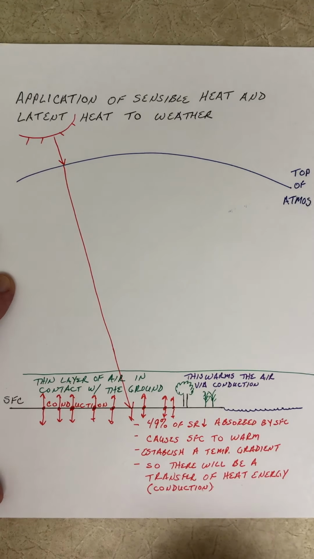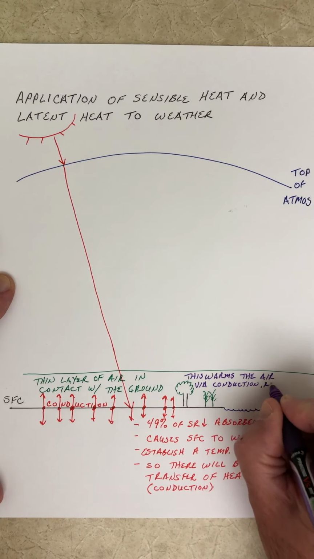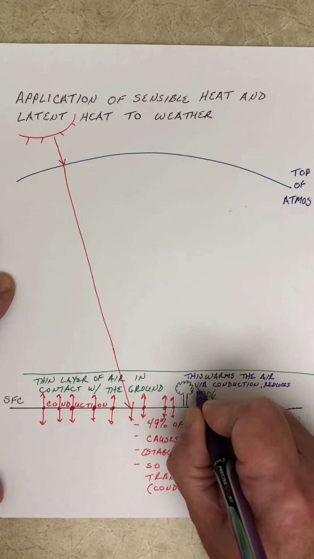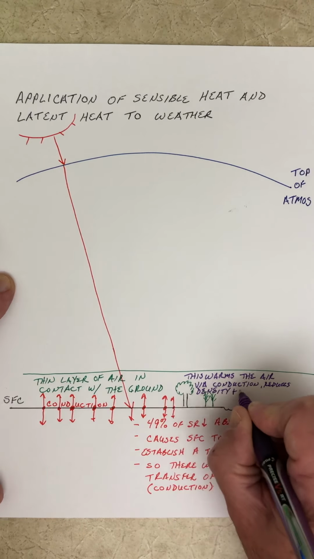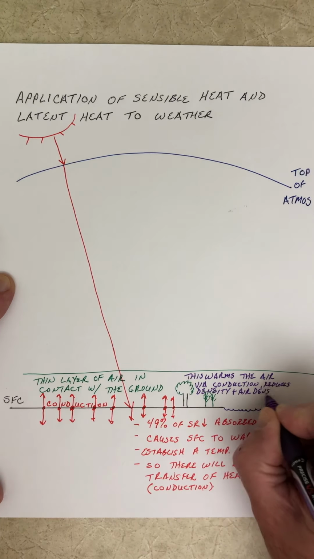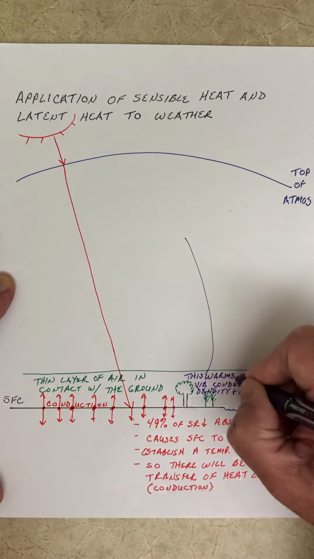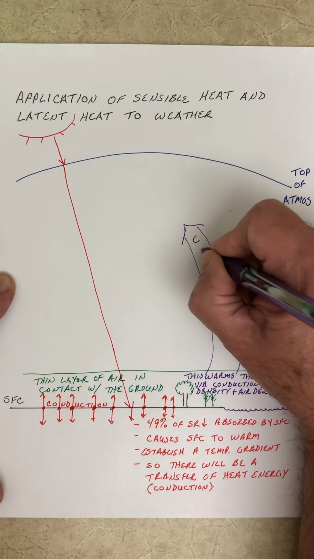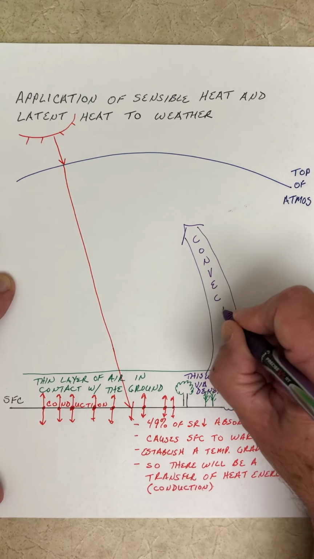And this is going to reduce the density, and the air rises because of the reduction in air density. And so that air is going to rise through convection. Again, we've drawn this exact same figure again.